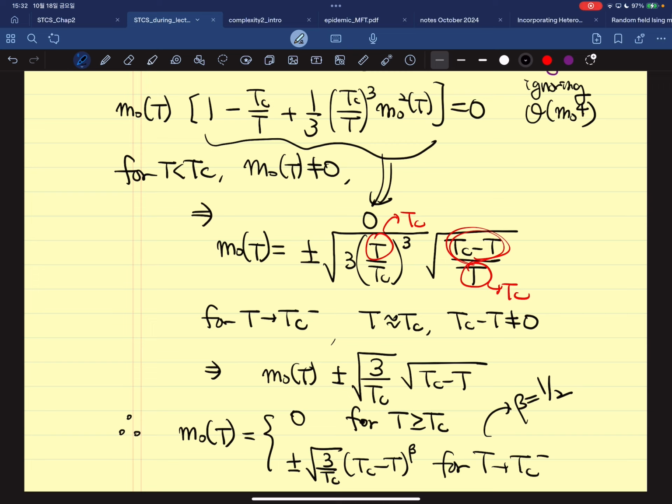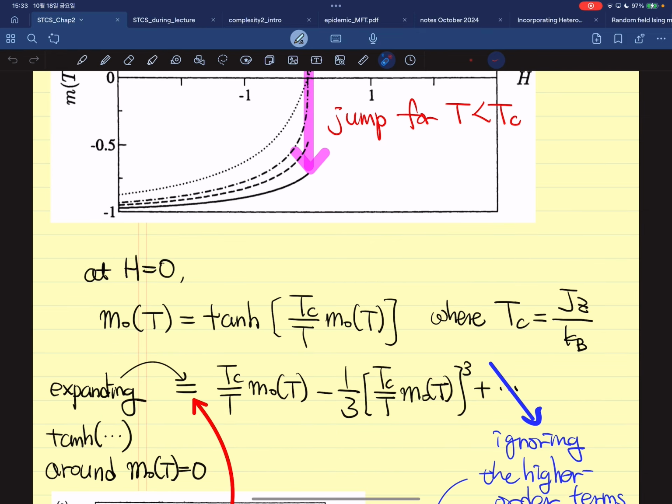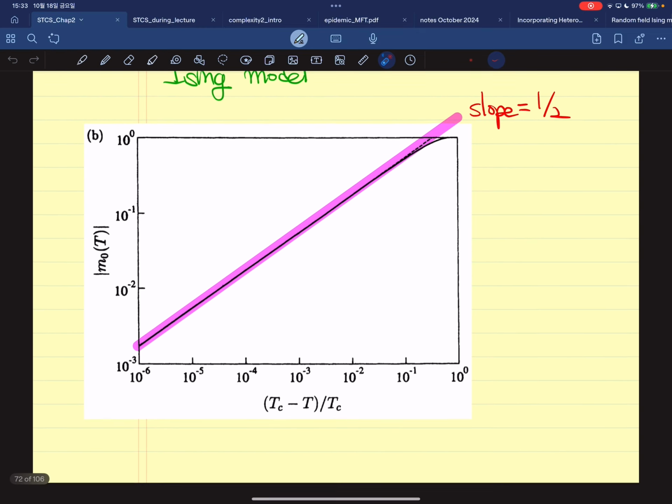So for the mean field Ising model, we have this power law dependency of the appearance of the spontaneous magnetization with this particular exponent 1/2. And that is the really important result.